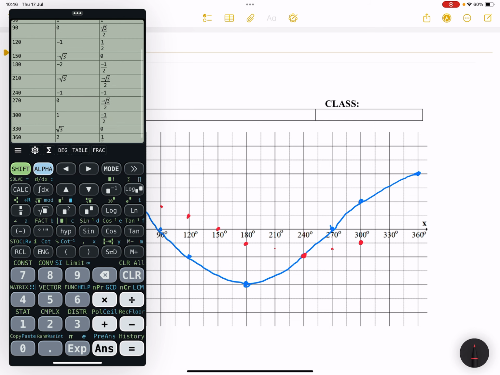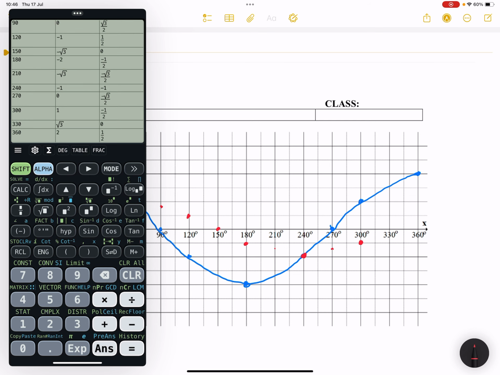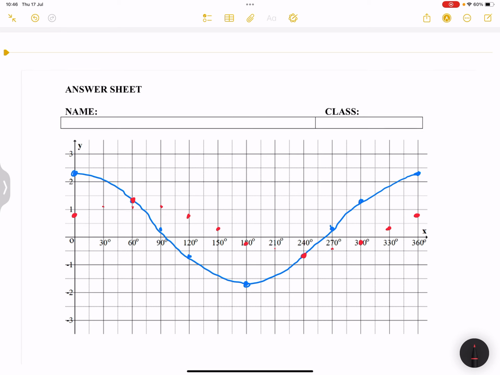We are almost done. 330 is 0, and 360 is a half. All right, so there is our graph over there.